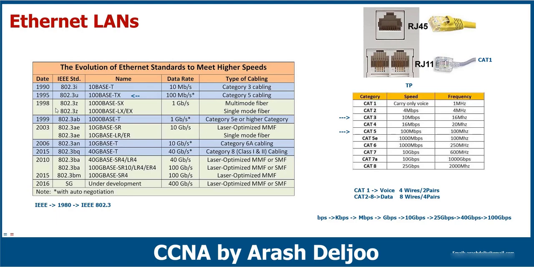Because of that, if you say 802.3i, I can understand that you are talking about the Cat 3. When you say IEEE 802.3u, I can understand that you are talking about the Cat 5 and also 100 megabit per second. The other name of the Cat 5 standard is 100BASE-TX. 100 means the speed of this standard is 100 megabit per second. Base means baseband, and TX means we are again using twisted pair with the capability of auto negotiation that you will learn about.